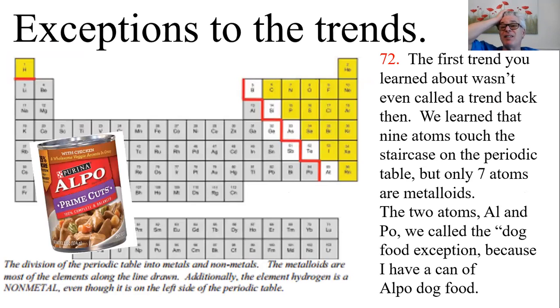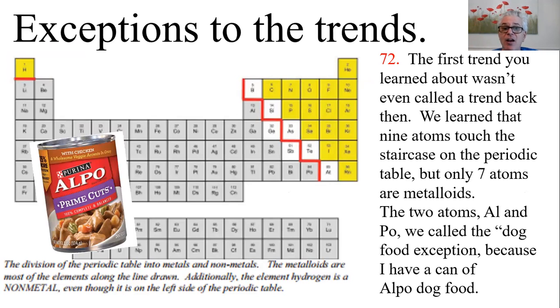All right, exceptions to the trend. Now, there's always going to be some exceptions, right? There's always some quirky things. The first exception we ever talked about was the staircase business. If you're an atom that touches the staircase, which separates the metals from the non-metals, those elements are called metalloids, like Italian Americans. You're either Italian or you're American, but some people call themselves Italian Americans. You're metal or you're non-metal, but sometimes you call yourself metalloids.